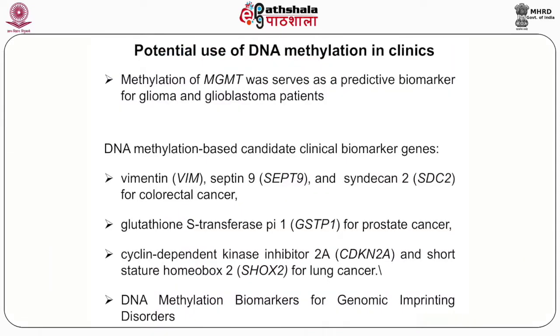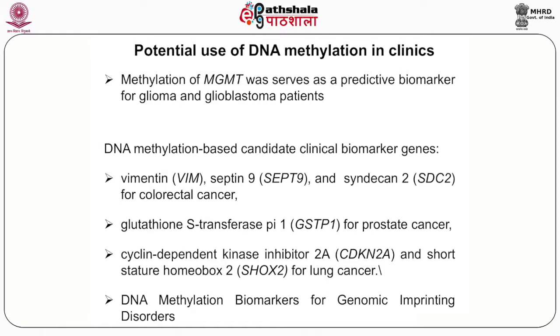DNA methylation as a cancer biomarker. For example, methylation of MGMT was shown to serve as a predictive biomarker for determining the response of glioma and glioblastoma patients treated with the alkylating agent temozolomide.